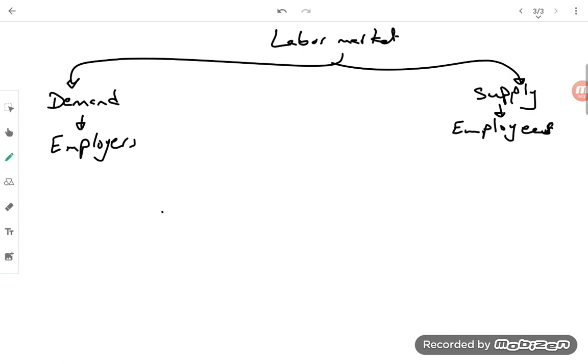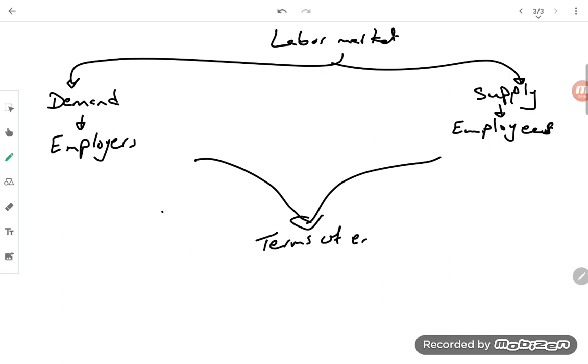So in the labor market, we are going to study the interaction between demand and supply in order to identify the expected outcome, in this case the terms of employment, which can be represented by wages or compensation levels or working conditions, and levels of employment.